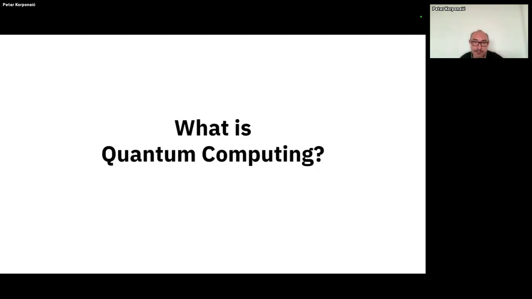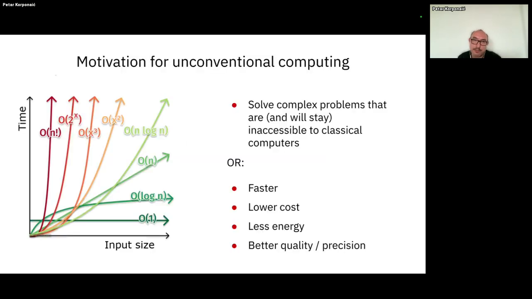What is quantum computing? Before we move to quantum computing, let's talk about unconventional computing. So let's talk about what the motivation for unconventional computing is, or why classical digital computers are not enough.